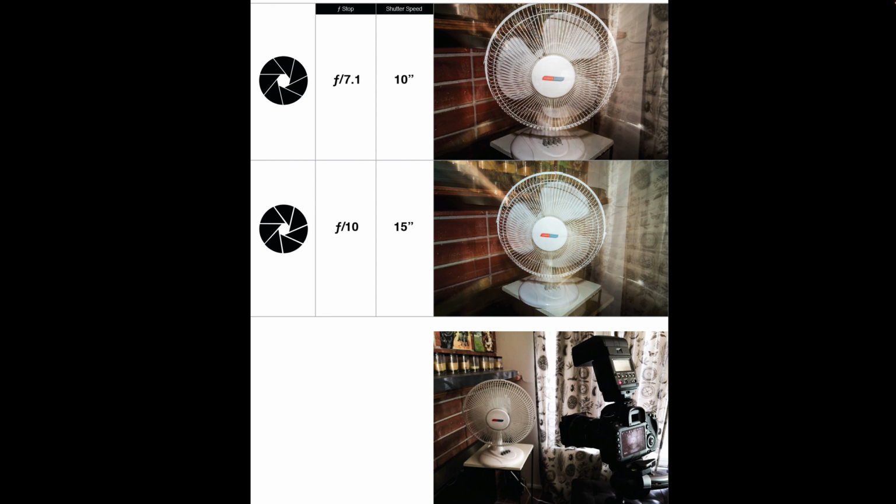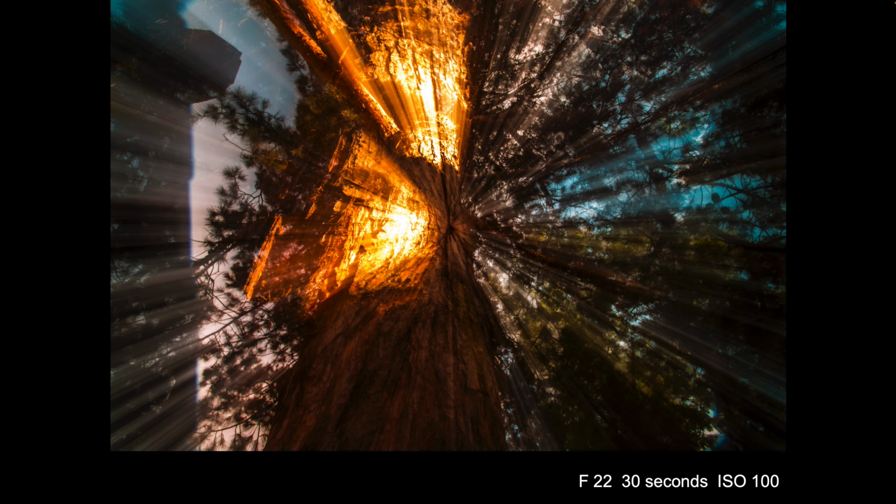So here, our setup down at the bottom, we have a fan, and as you flash it at 15 seconds or 10 seconds, you can see rays of light coming off from the flash.